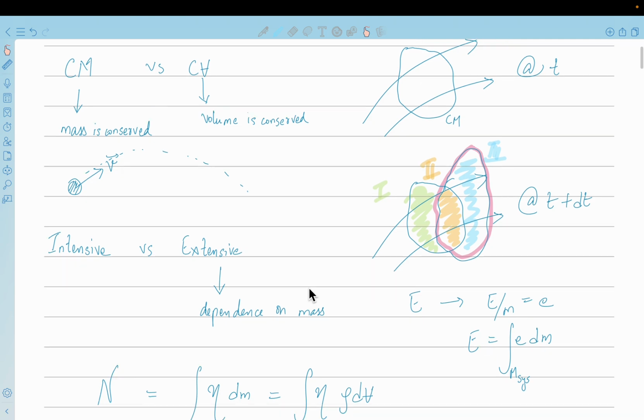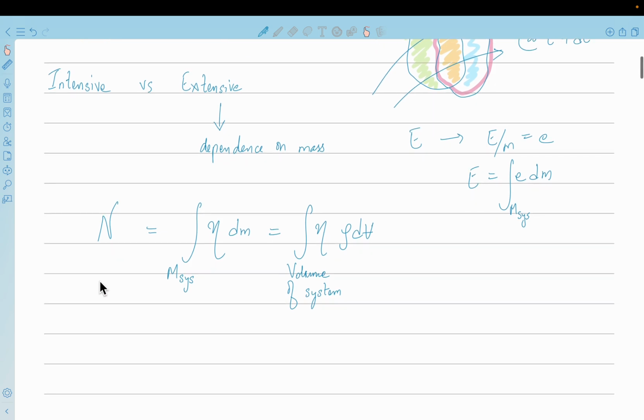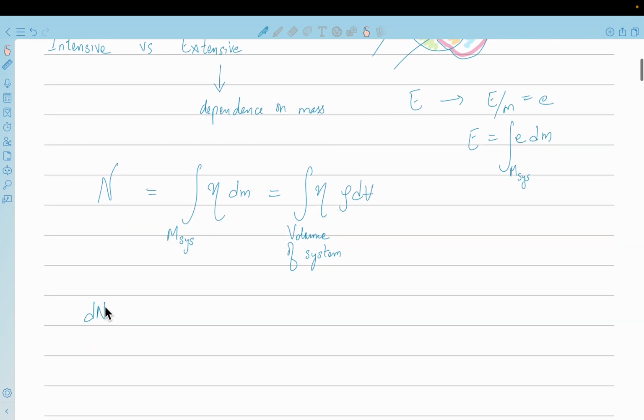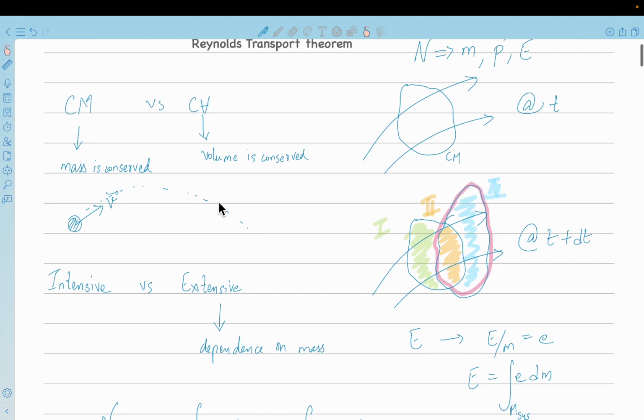So what we can do now is solve for what happens in time. We can start by asking if there is a change in N, that is the control mass perspective, right? If you were looking at the example of the ball which is moving, you can ask what is dV by dt, or d by dt of the momentum, and simply by Newton's law you can derive the rate of change of momentum.